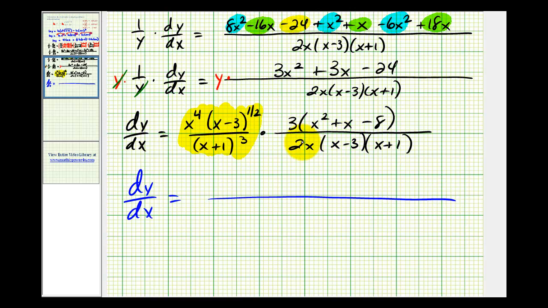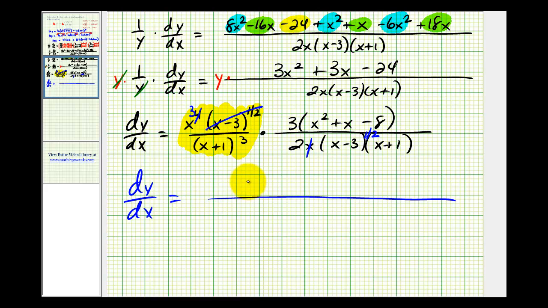Notice how one factor of x is going to simplify out here and here, so this will be x to the third. Then looking at the factor of x minus 3, this is x minus 3 to the 1/2, this is x minus 3 to the first. So this will simplify out, and this will become x minus 3 to the 1/2 power. And then notice how we have 4 factors of x plus 1 in the denominator, 3 here and 1 here.